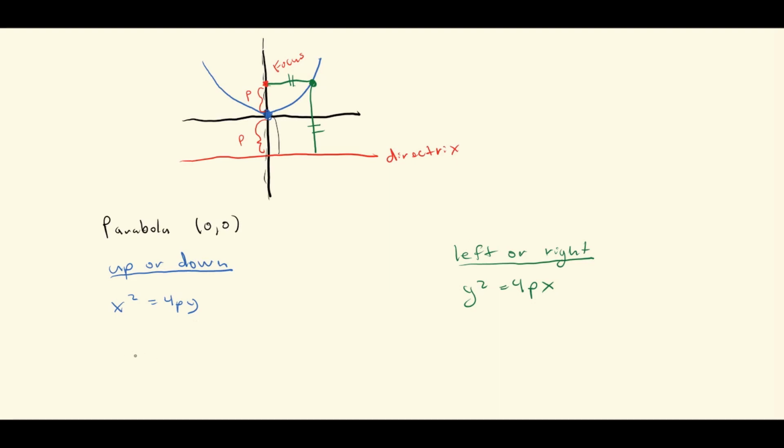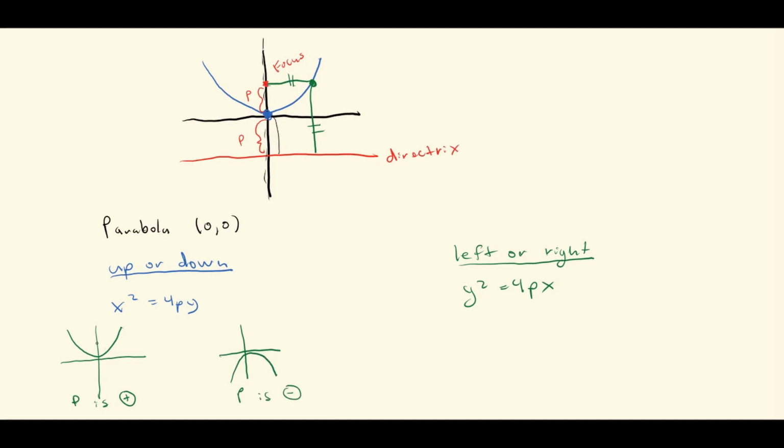And then we can tell if it opens upward or downward by whether p is positive or negative. So if we have an upward parabola, that means that p is positive. And if we have a downward opening parabola, that means that p is negative.